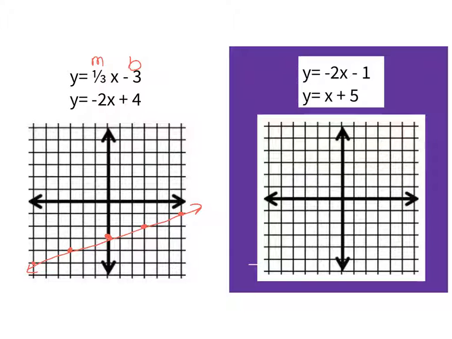Now I'm going to graph the next line. I've got y equals negative 2x plus 4, so I've got a y-intercept of positive 4, so that's going to be at positive 4 on the y-axis, and a slope of negative 2 over 1, so down 2, right 1. And on the opposite side, I'm going to go up 2, left 1.